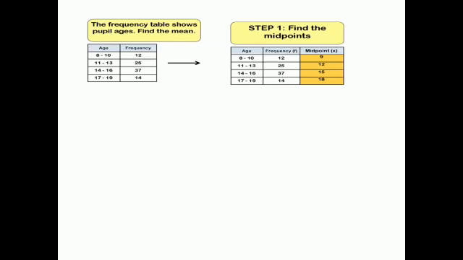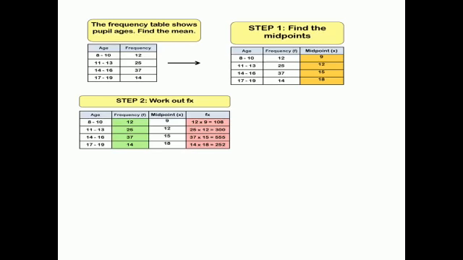After getting the midpoint, what do we have to do? We have to multiply the midpoint with the frequency. Frequency is denoted by f and midpoint is x, so we have to find fx in the new column.